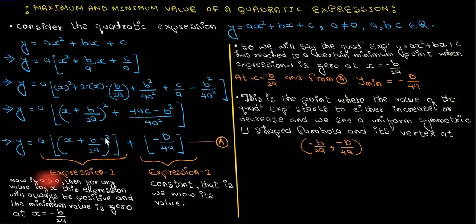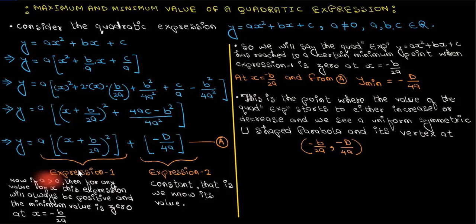So this term has the ability to reach positive infinity for positive values of a. However, the minimum value is 0, because out of all positive numbers, 0 is the least.